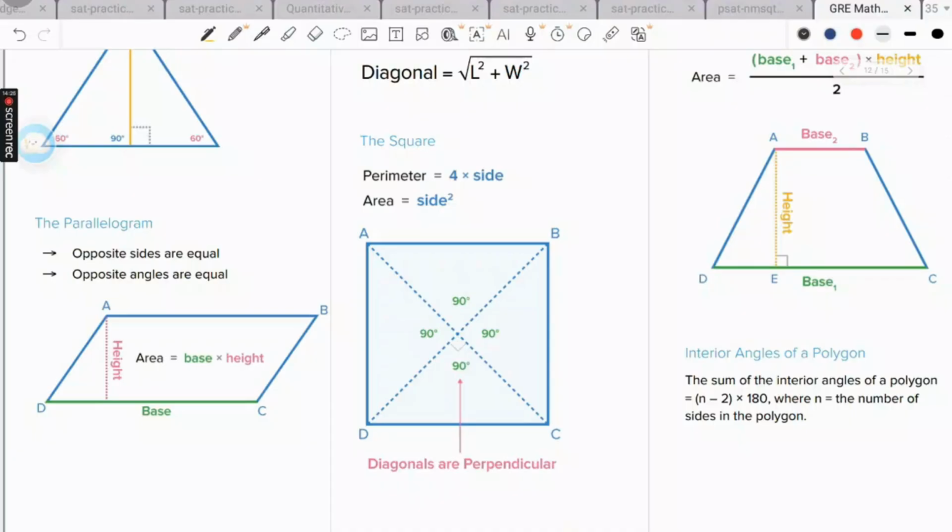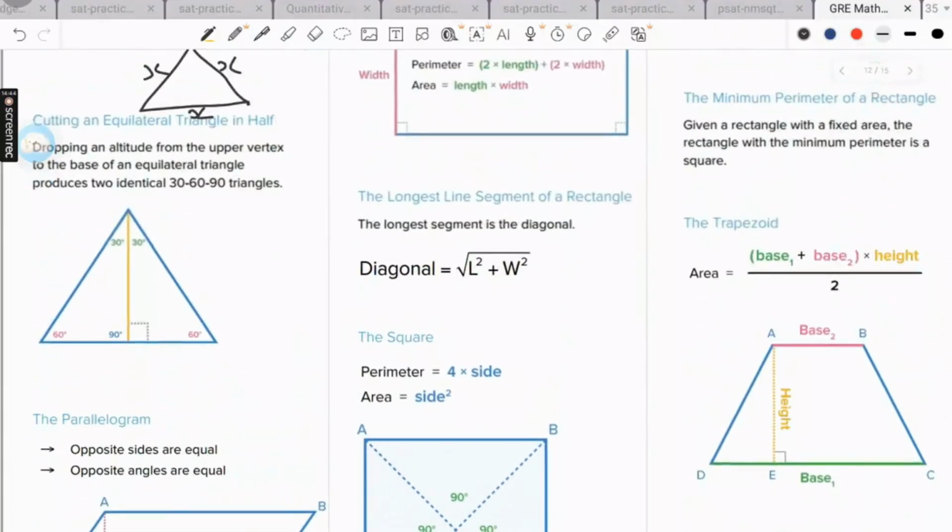A parallelogram is simply a shape whose opposite sides are equal and opposite angles are equal. Because of that definition, rectangles are also parallelograms. Remember that squares are rectangles, so squares are also parallelograms.